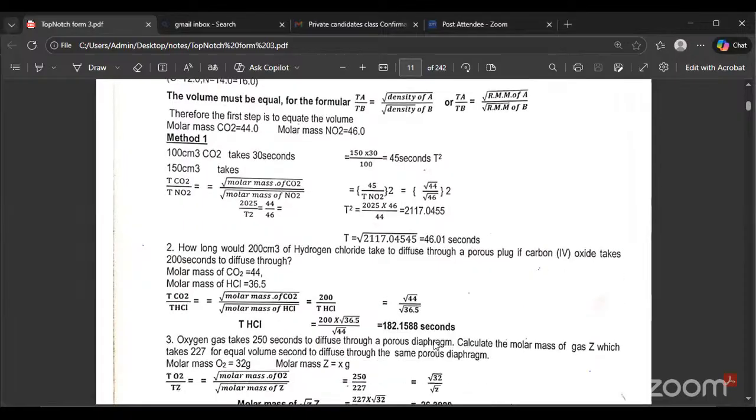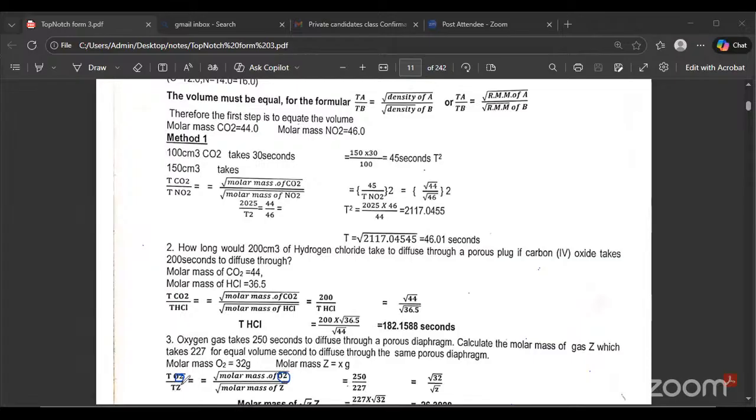So we'll have T oxygen over T of Z, which we do not know, is equal to the square root of the molar mass of oxygen over the square root of the molar mass of Z. Remember, when you're talking about time, oxygen is on top, always.